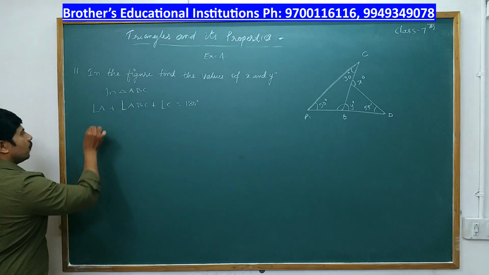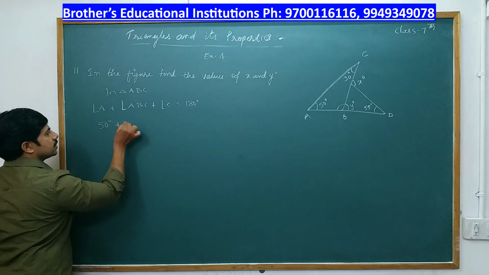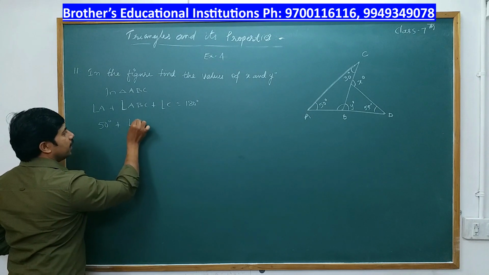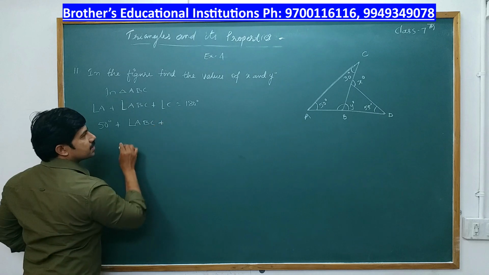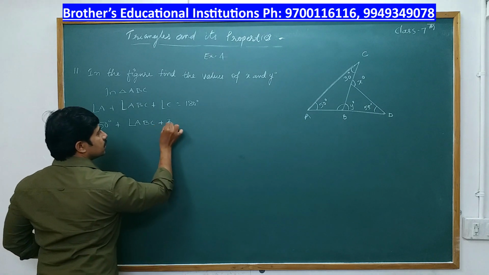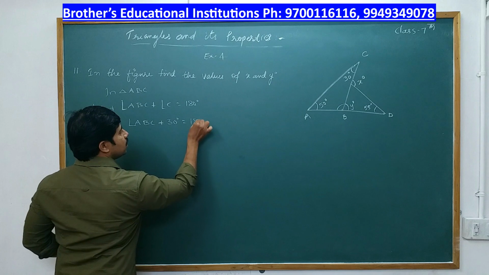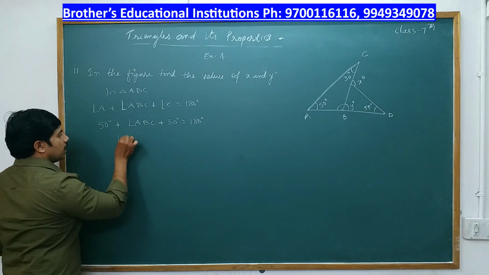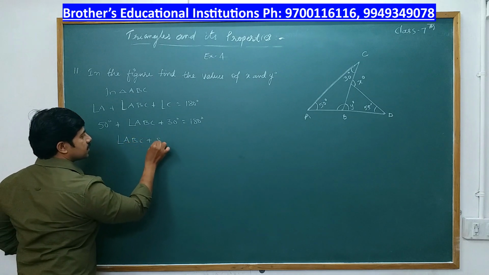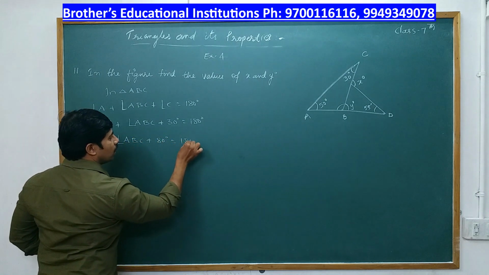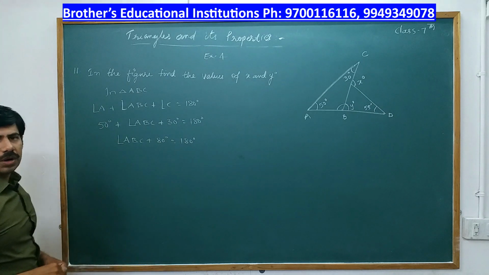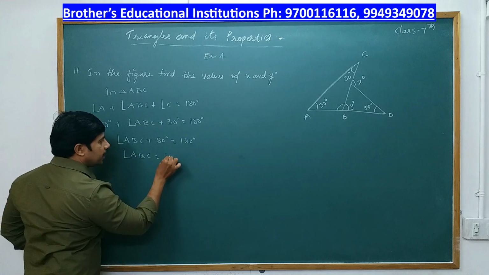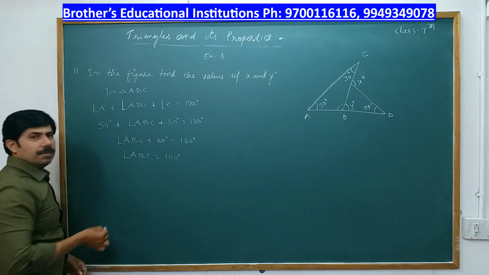It is 50 degrees, plus angle ABC, which we need to find, plus angle C is 30 degrees, is equal to 180 degrees, right? So angle ABC plus 80 degrees is equal to 180 degrees. So what is angle ABC? It is 180 minus 80. Angle ABC is 100 degrees.